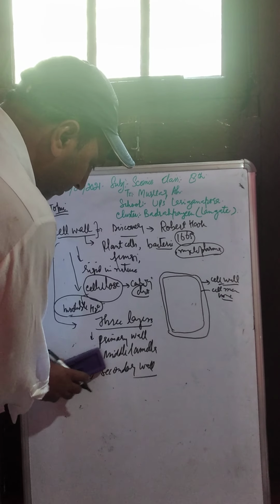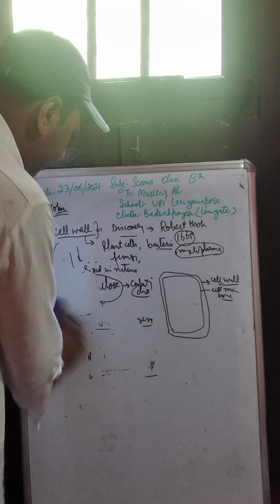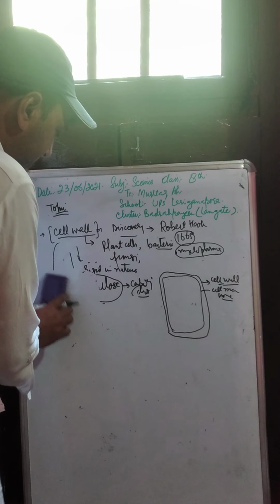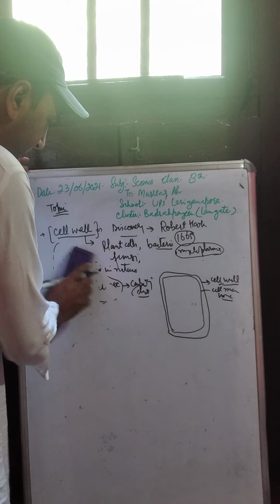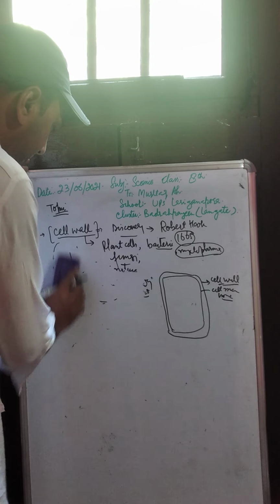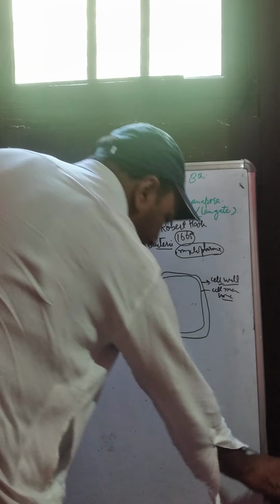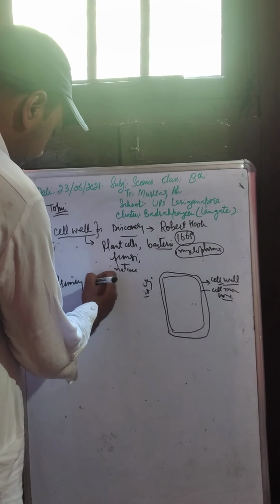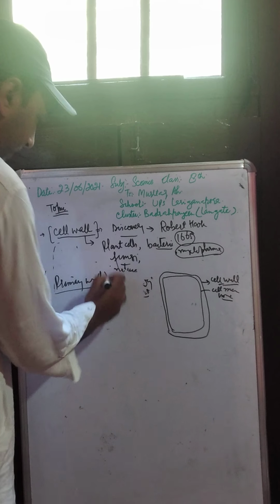Now let us see what this primary wall is. I will rub the board, because the lower portion of the board is not visible to you. So first is the primary wall. Now what is this primary wall?